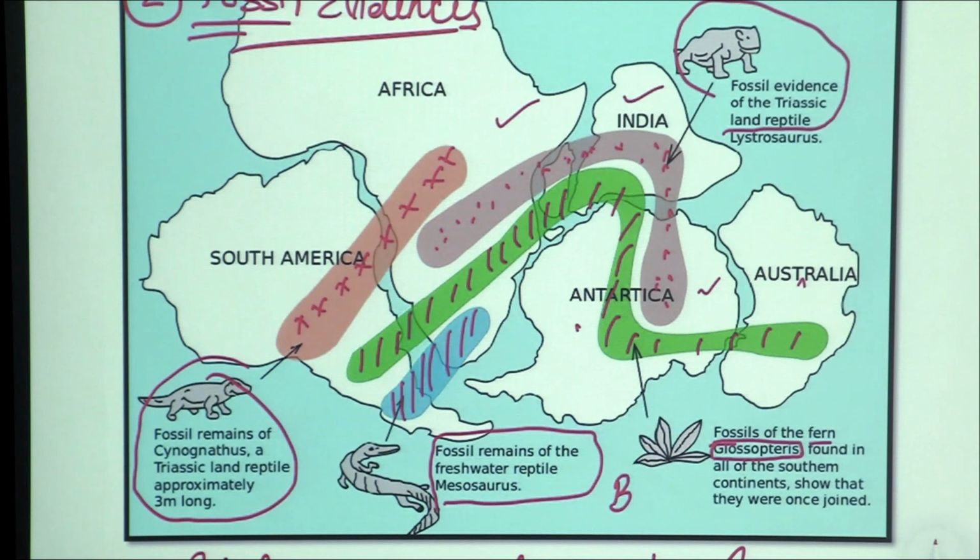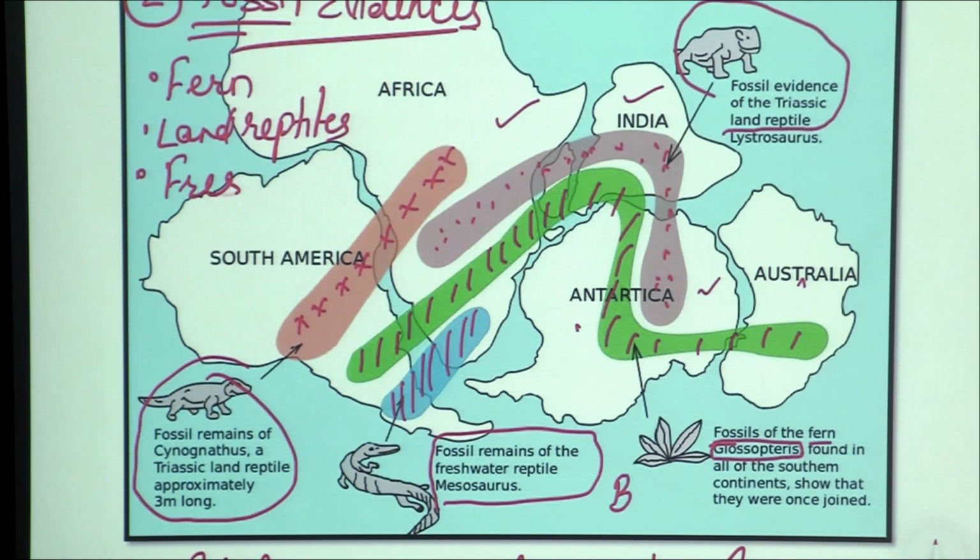They include fern, land reptiles, freshwater reptiles, and also a range of other specimens, proving that these were combined once upon a time, today they are not.